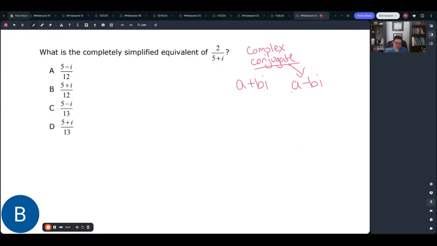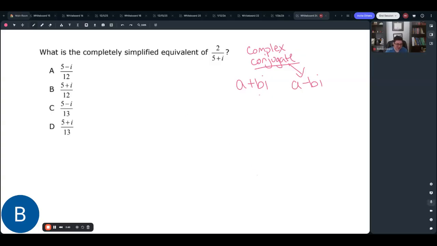So the real part stays the same, no change there. It's just the imaginary part that changes signs. That's the only thing that changes with the complex conjugate. And if you multiply a complex number by its complex conjugate, the imaginary parts cancel out and you're left with just a real number at the end of the day.